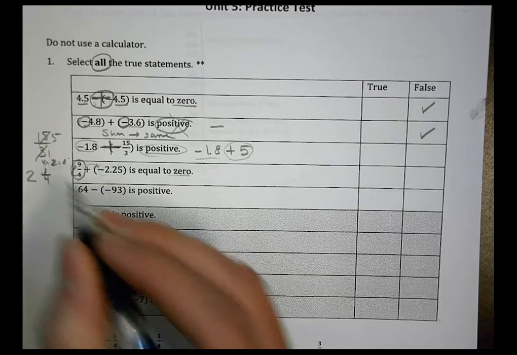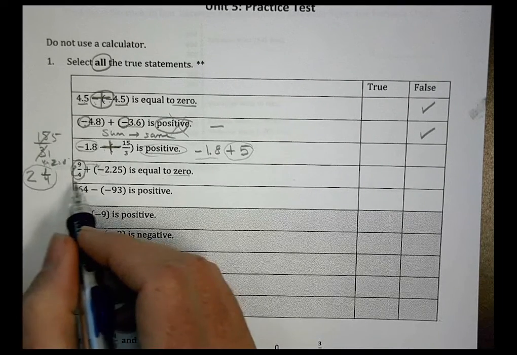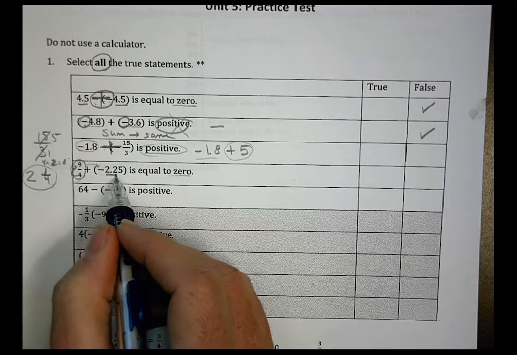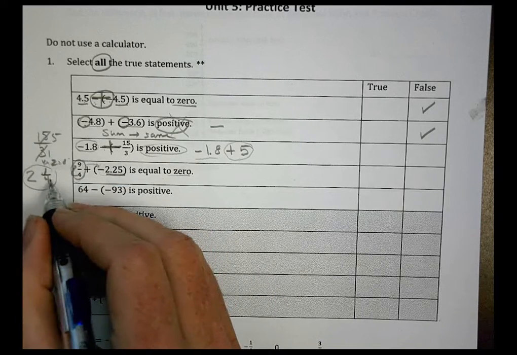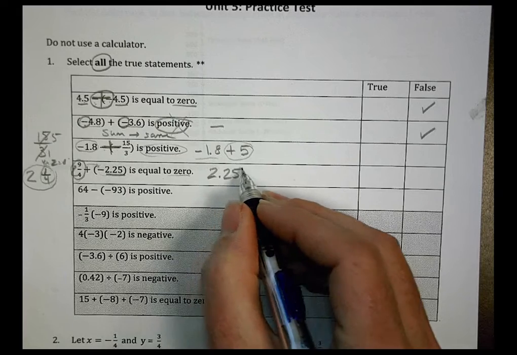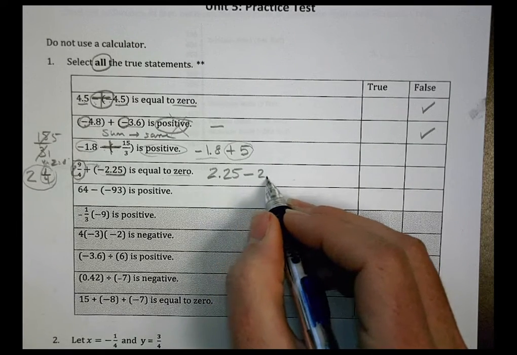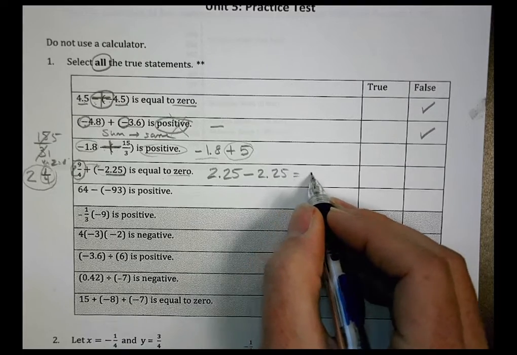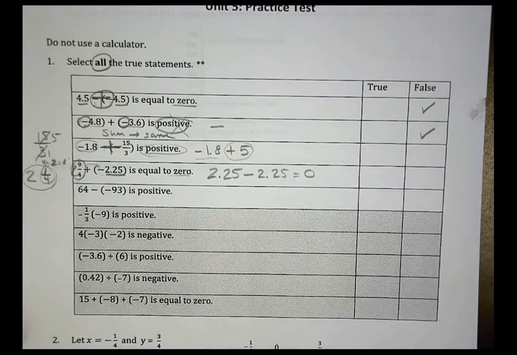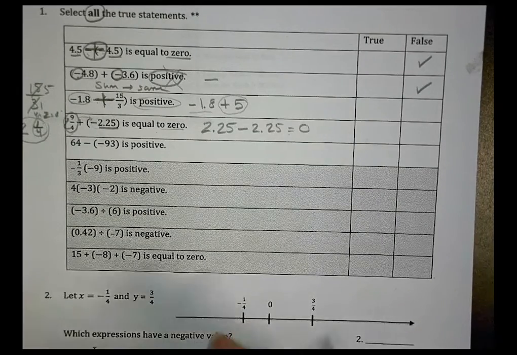So we have 1/4 left over. And so the question is, is 2 and 1/4 the same number as 2.25? Yes, it is. Hopefully you know that 1/4 as a decimal is 0.25. So this becomes 2.25 minus 2.25 being equal to 0, and you can decide if that is true or false. I'm going to probably go with, yeah, that one.